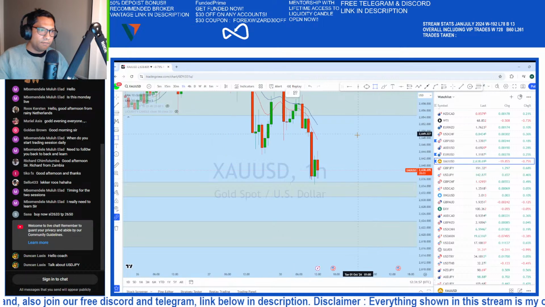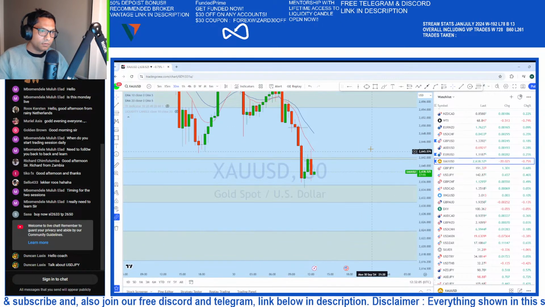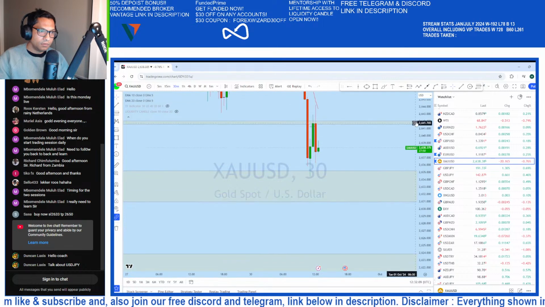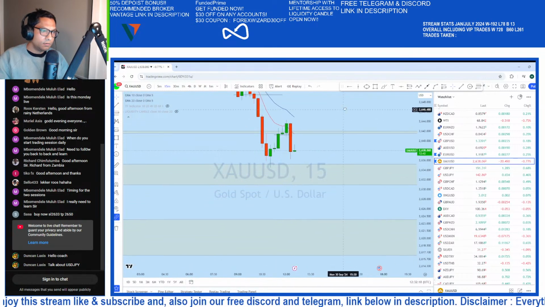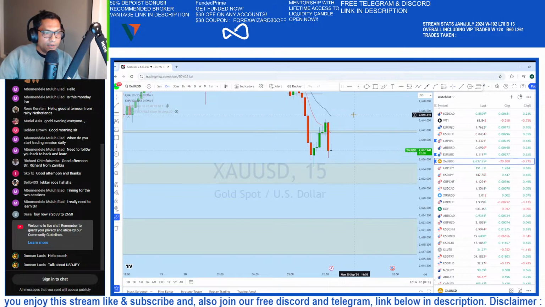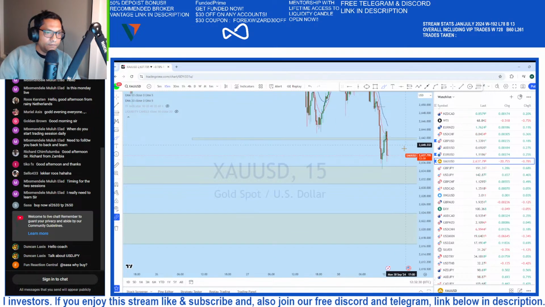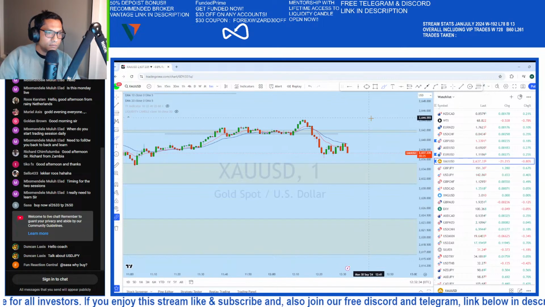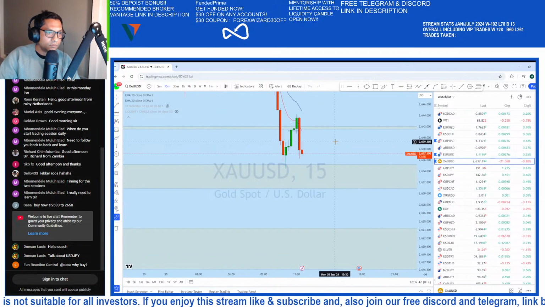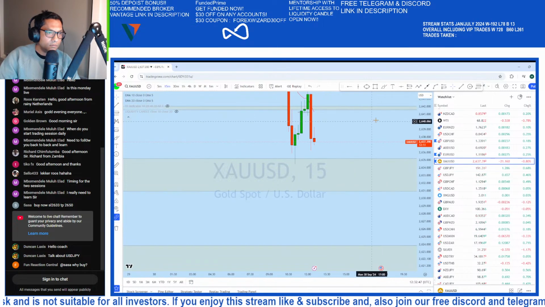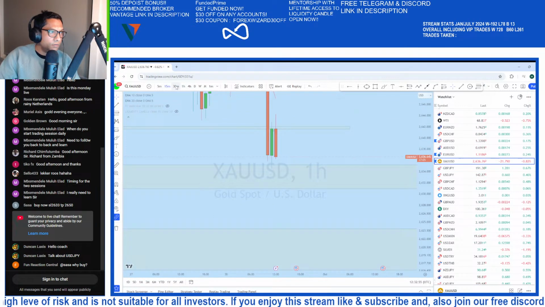Here we can see a potentially big drop, so the 30 minutes bearish engulfer.